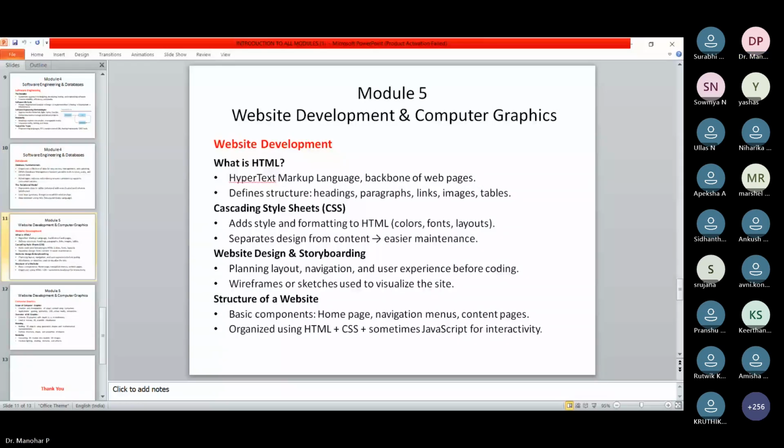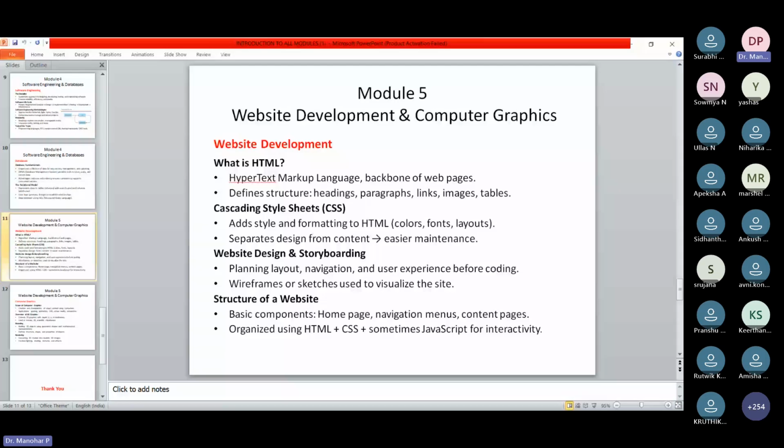All these we'll be studying: how we can develop a website using HTML and CSS, and how we can structure a website, how to design a page, navigation, and content pages, and also how to use JavaScript for more interactivity, to increase user interaction with the website. So how to do that?